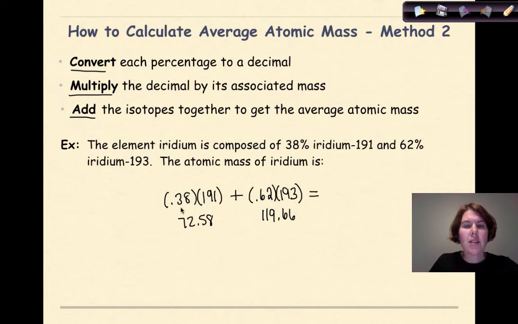So 0.38 times 191 gives me this number, and 0.62 times 193 gives me this number. So now all I'm going to do is add these two together, and I should get the exact same answer that I did for method 1. That being 192.24. And that's how you use the second method.